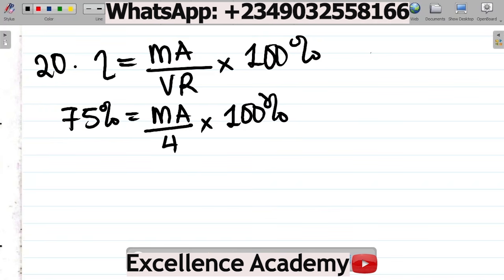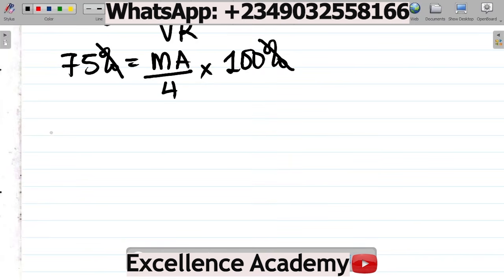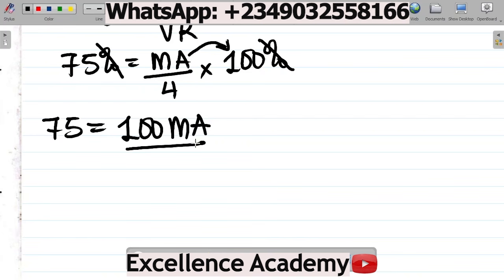First things first, the percentage here cancels the 1 here, so I have this as 75. So I'll have 75 is equal to mechanical advantage times 100 all over 4.